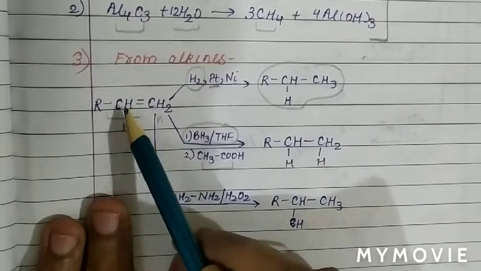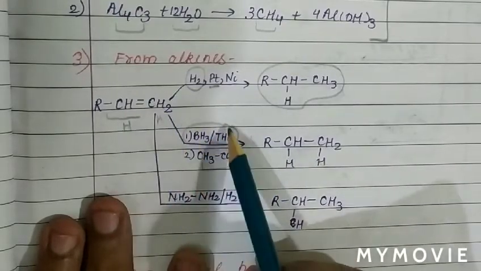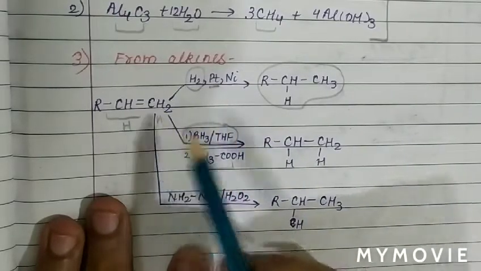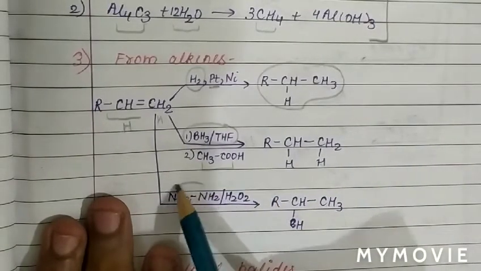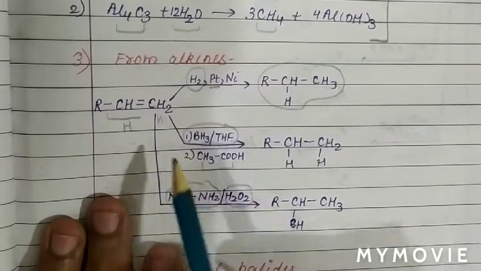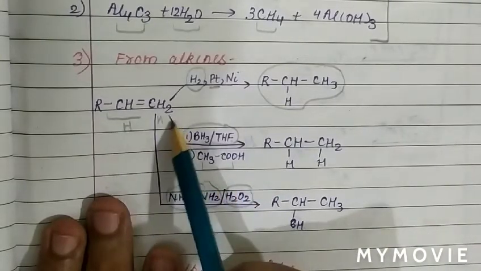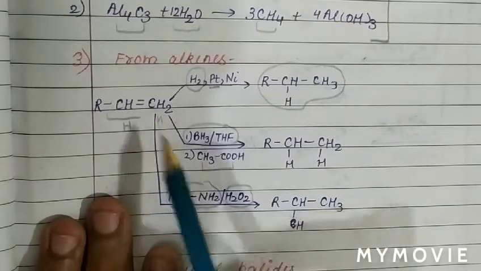So one hydrogen is added to this carbon and one hydrogen is added to this carbon. Now again, by adding this reagent, alkene changes into alkane. See, if we add hydrogen in presence of H2O2, then also there is addition of hydrogen. So it is also the conversion of alkene into alkane.